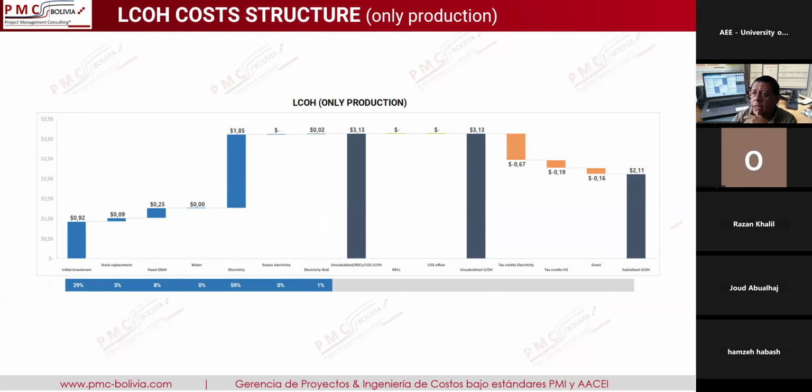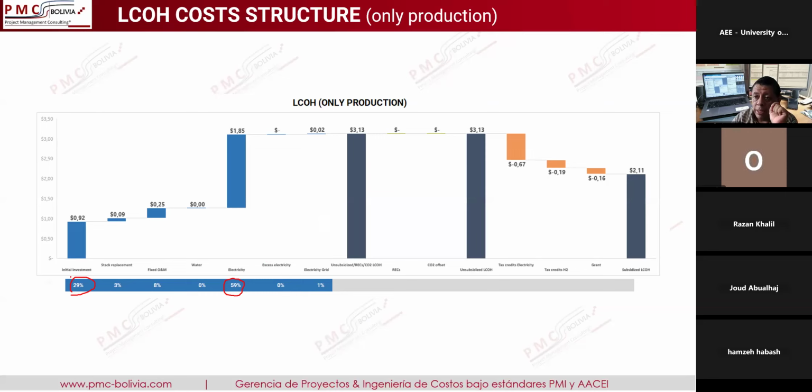We have here the LCOH cost structure and the percentage of the drivers. For example, in these graphics, we can see that electricity costs represent 59% of the total LCOH, the most important driver in the LCOH.